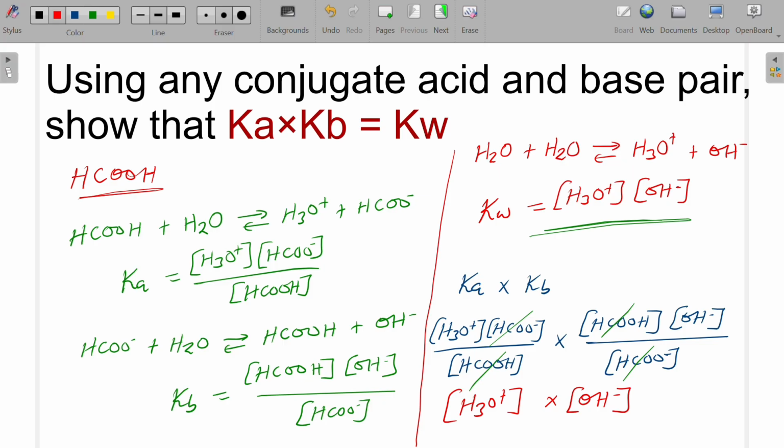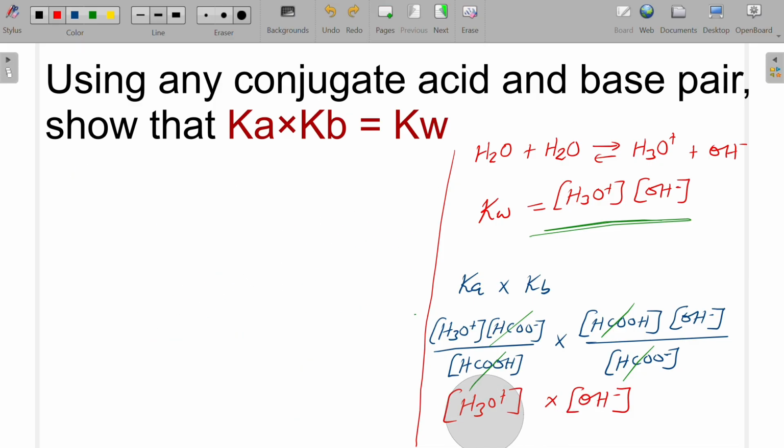So this implies that Ka multiplied by Kb is giving us the hydronium ion concentration multiplied by the hydroxide ion concentration. Now, when you see what we have here, the concentration of the hydronium ions multiplied by the concentration of the hydroxide ion is the same as what we have for Kw. Kw is equal to the concentration of the hydronium ions multiplied by the concentration of the hydroxide ion.